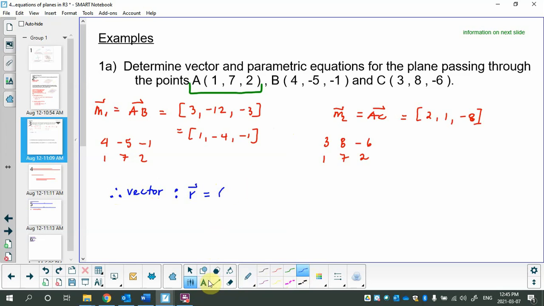So I'm going to choose the point to work with is 1, 7, 2. Plus t, and then I get to pick one of the 2 direction vectors. The order doesn't matter, so I'm going to pick the first one first. And then another parameter, and the second direction vector, or the other direction vector.